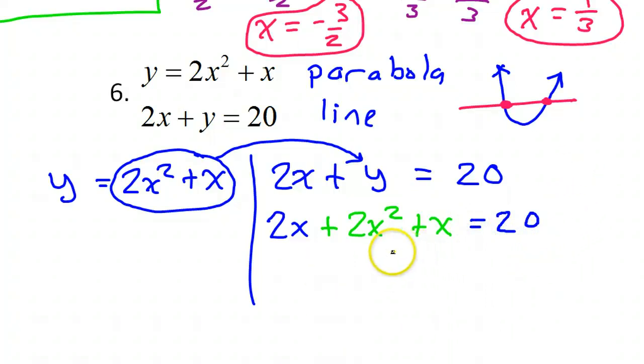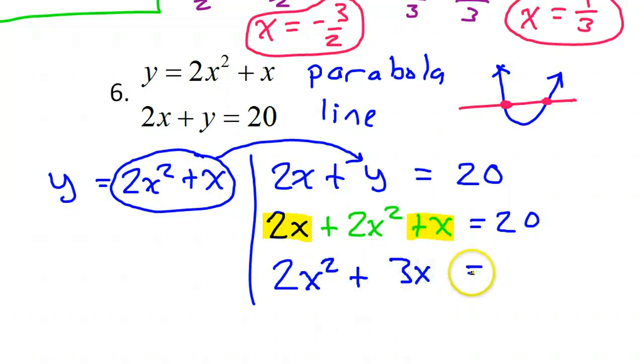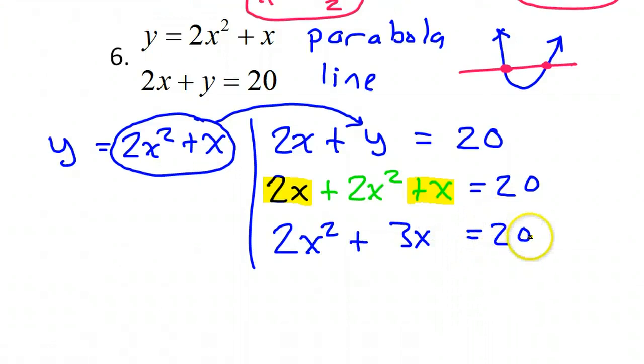Alright, I do have some like terms here, don't you know? Alright, the 2x and the x together make 3x. Yeah, that's right. So as I recopy, then start with 2x squared. So I have 2x squared, and then my like terms here. So I've got plus 3x equals 20.